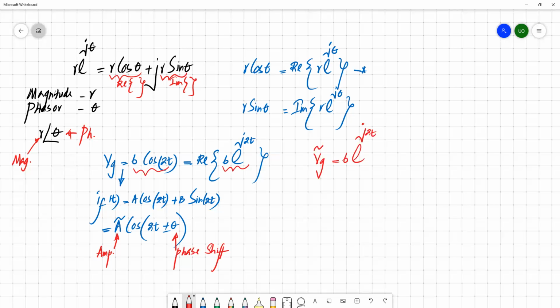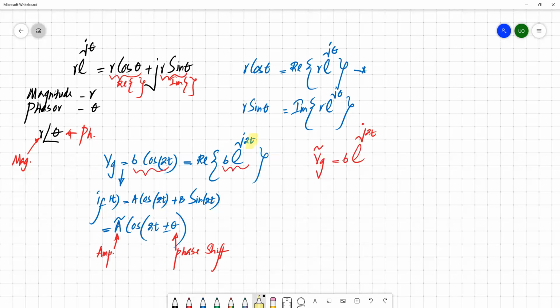So rather than having this sinusoidal type of source, we can replace it with its corresponding complex exponential term. Why do we say it's the corresponding exponential term?